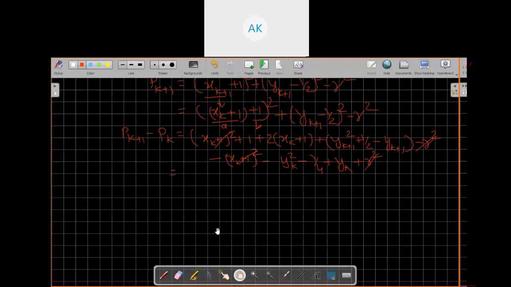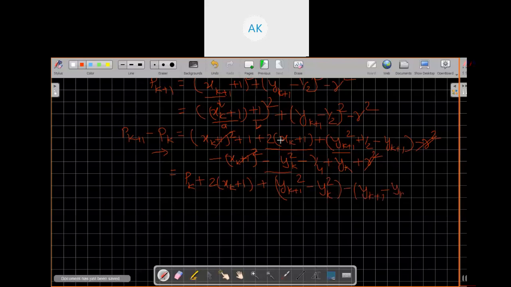Pk plus 1, again just pk plus 1, remaining term is pk plus 2 xk plus 1 plus yk plus 1 whole square minus yk square minus, take this, yk plus 1 minus yk, and remaining this value 1.